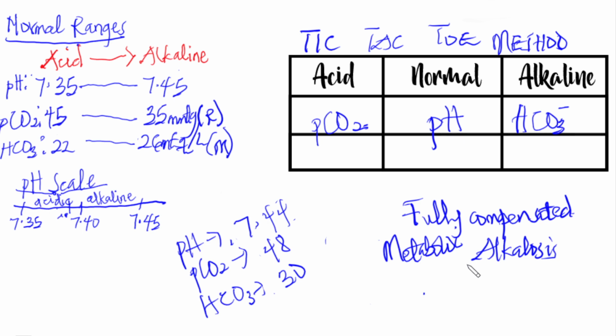So if you don't want to use fully compensated, you can say there is a primary metabolic alkalosis with secondary respiratory acidosis. But never forget that as far as pH is normal and these two parameters are on either side of the table, you realize that the situation is being fully compensated for. I hope you understand it.